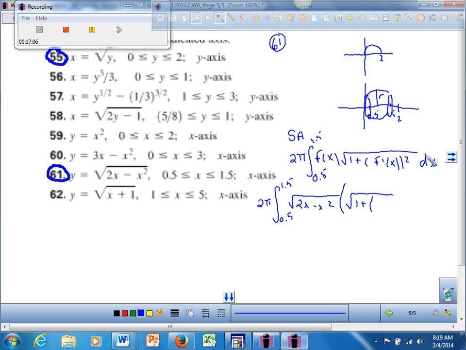What's our f prime? Here we go, chain rule. 1/2 times 2x minus x squared to the negative 1/2 times 2 minus 2x.